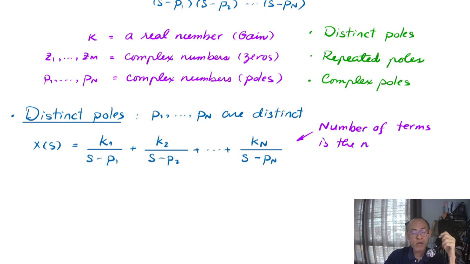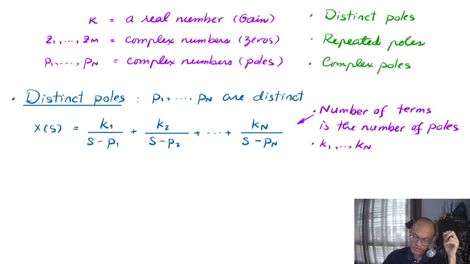For example, if you have 4 distinct poles, then there will be 4 terms added together. Okay, and K1 through Kn are constants, and they could be complex numbers.